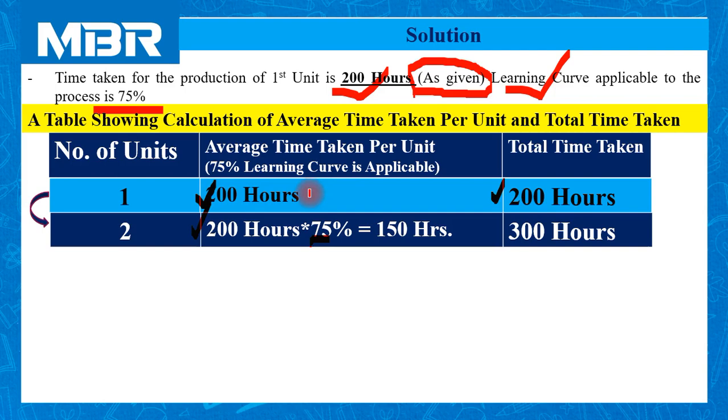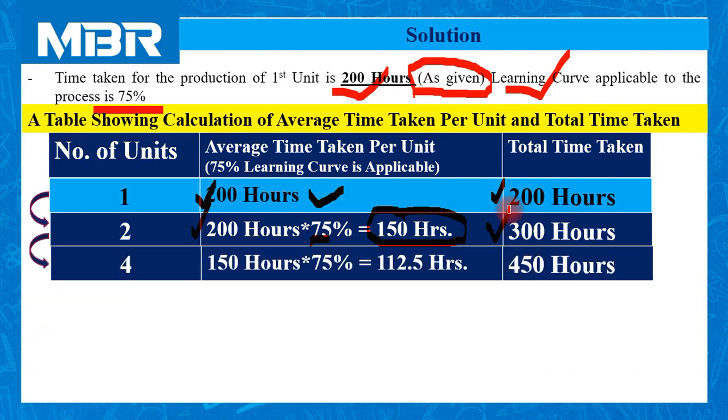The previous time was 200 hours. So if we produce 2 units, the average time taken is 75% of 200, so 150 hours per unit. So for manufacturing 2 units, 150 multiplied by 2 equals 300 hours.